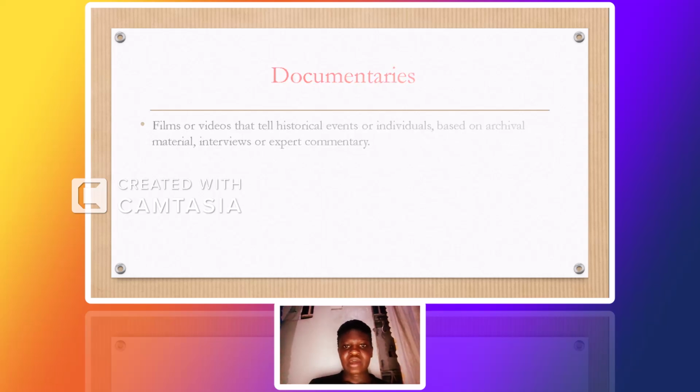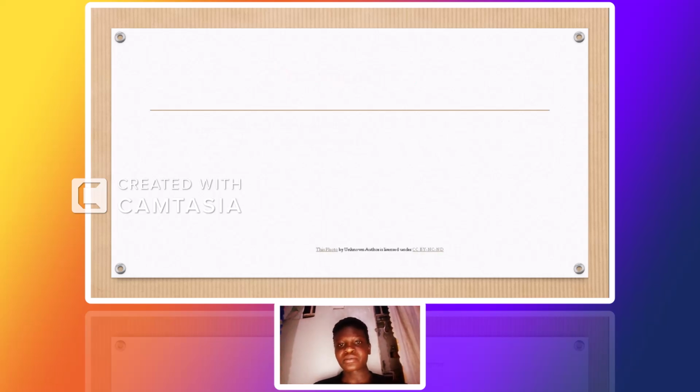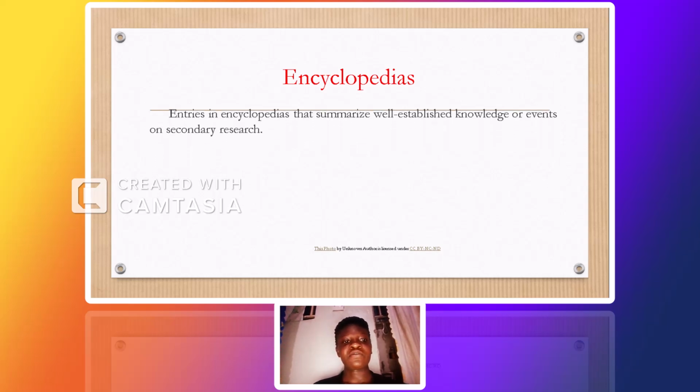Next example of a secondary source is encyclopedias. Concerning encyclopedias, we can talk of entries that summarize well-established knowledge or events based on secondary research.